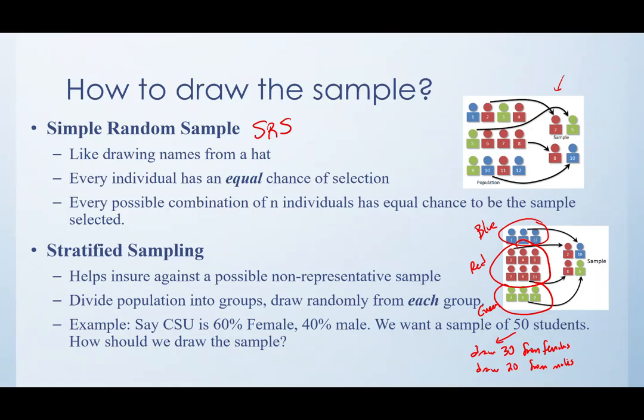So here's our females, here's our males, and we draw 60% from the female group, 40% from the male group. Then at least on gender lines, our sample has the same proportions as the population.